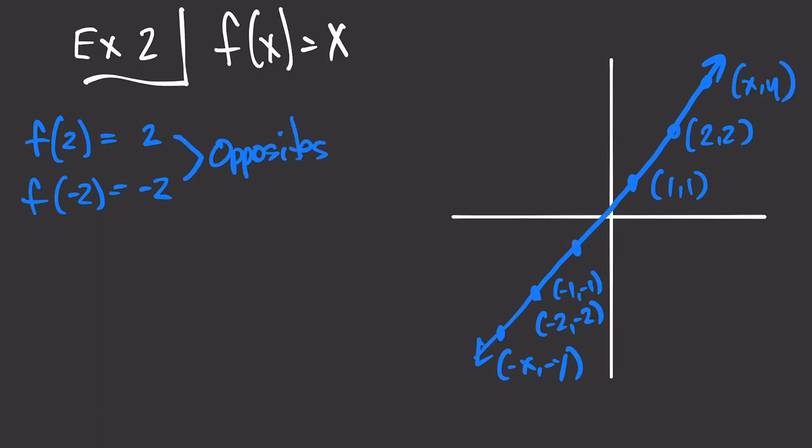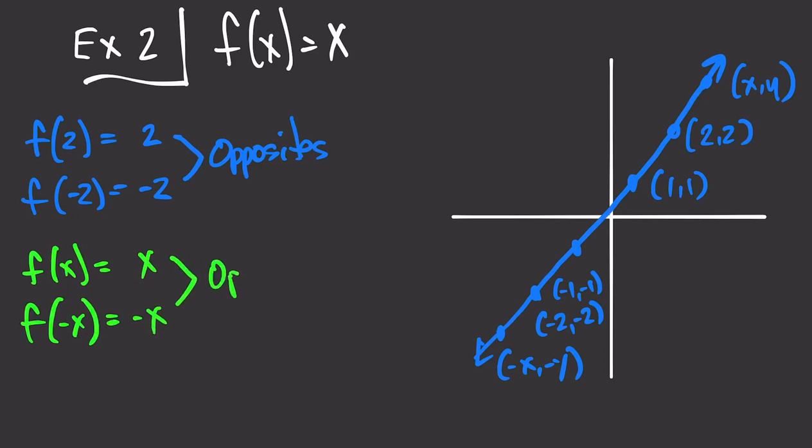So it appears that if I plug in a number and its opposite and I get opposites, maybe that makes the function odd. Again, I don't want to do this an infinite number of times, so I have to prove it with a variable, f of x and f of negative x. Again, simple, because I just get out what I put in. So f of x is just x, and f of negative x is negative x.